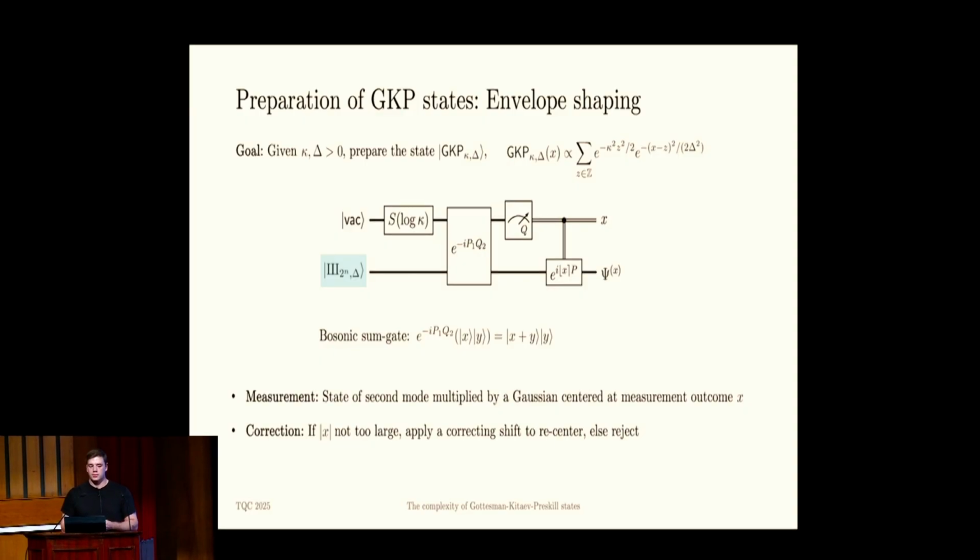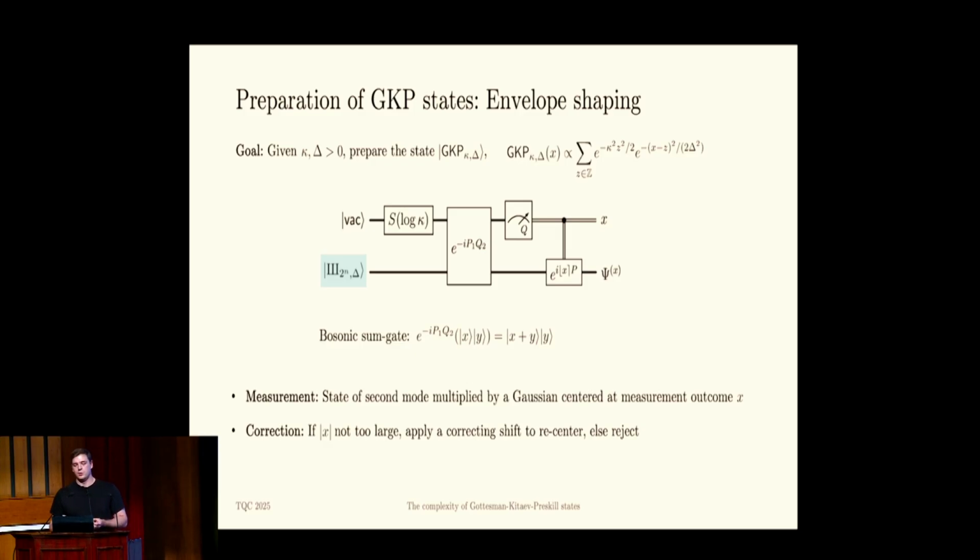Everything previously has been unitary. So in the first mode, we encode a vacuum state and squeeze it such that it resembles the envelope that we want to generate. And in the second mode, we have this previously prepared comb state. Then we apply the so-called bosonic sum gate, which adds the position of the second mode to the first.